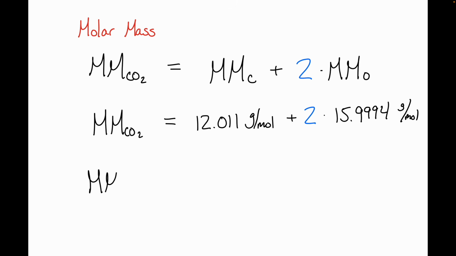Again, the deal is you don't have to worry about sig figs. You do have to take every number from the periodic table. So oxygen, 15.9994, is very close to 16. It is not 16. You're not just going to round it. You're always going to take all the digits that our periodic table gave us. Some scientists worked very hard to get those 4 decimal points on the mass of oxygen, so we're going to keep them.